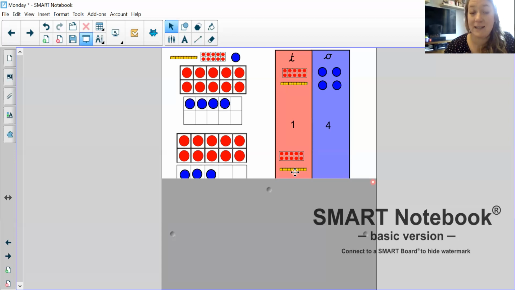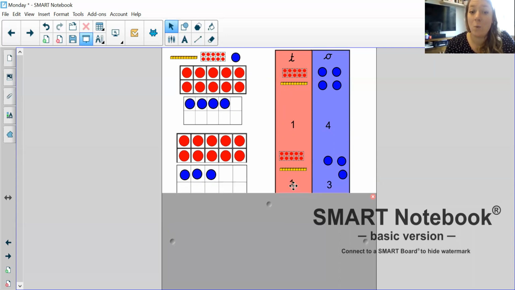It's 1 10 stick. And then I have 3 ones, 1 10 and 3 ones. Okay, what number is that? That's right, it's 13. 1 10 and 3 ones, 13.